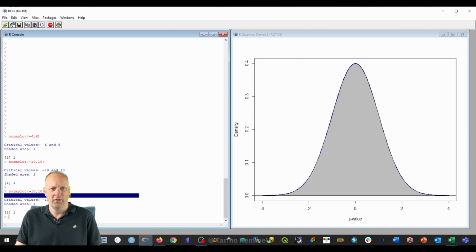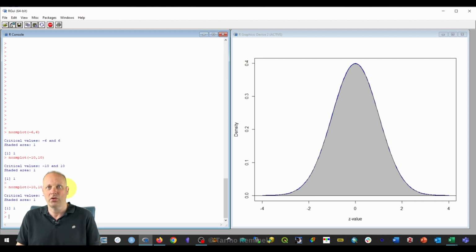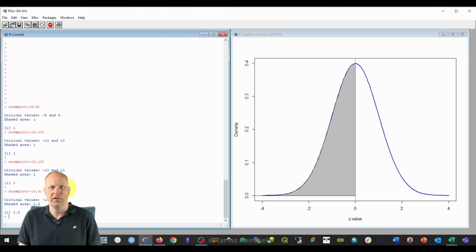So we can think about that and say, well, if the area under the entire curve is 1, what is the area for all of the values, let's say, on one side of the mean? So let's look at that.